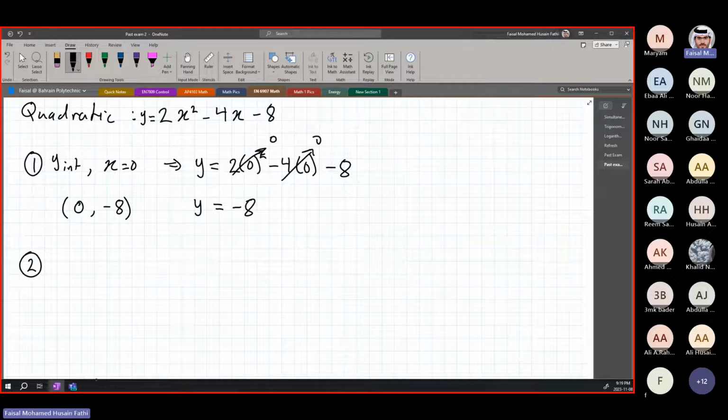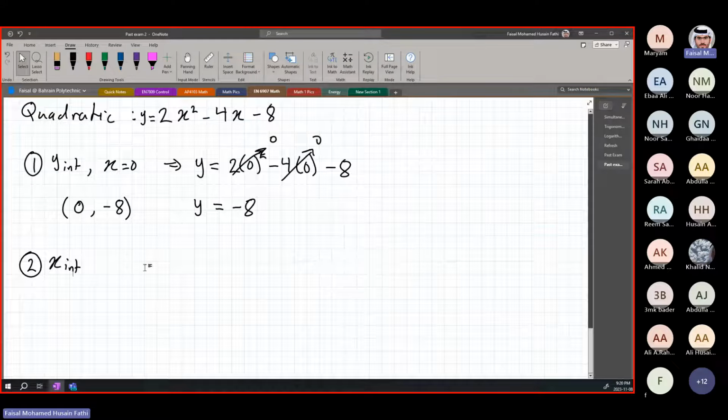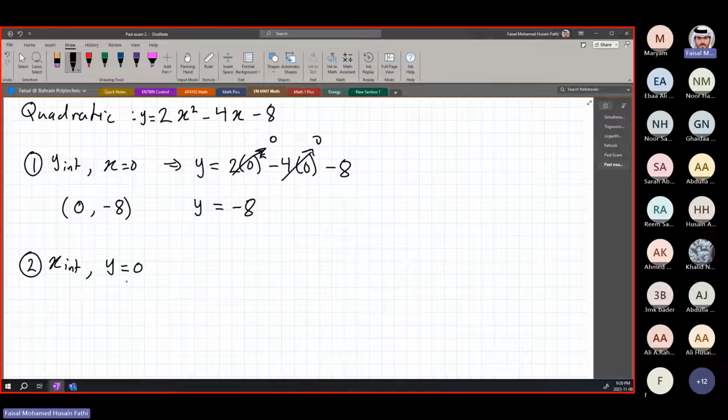What is the second step? The second step is x-intercepts. We need to find both x-intercepts, or one, depending on the type of equation. We can have no intercepts, one intercept, or two intercepts, and we will find that out now. What does x-intercept mean? Y is equal to 0.